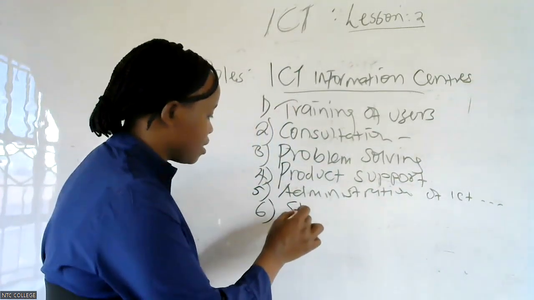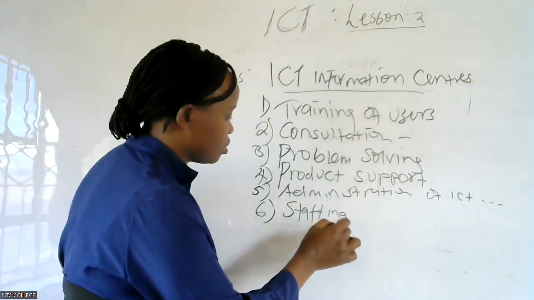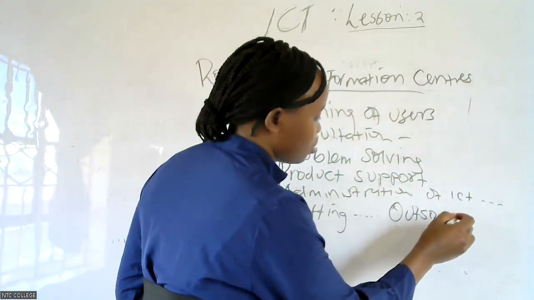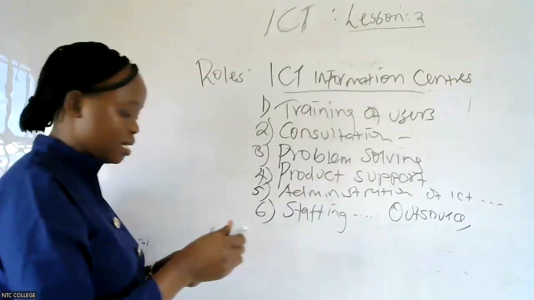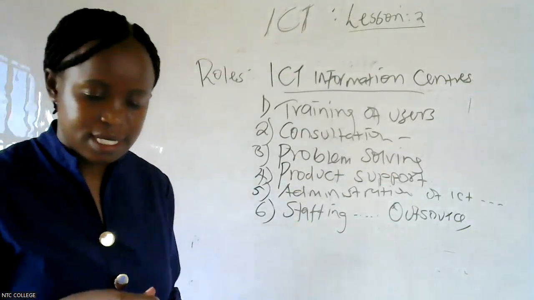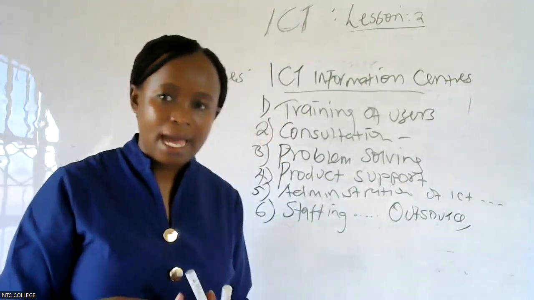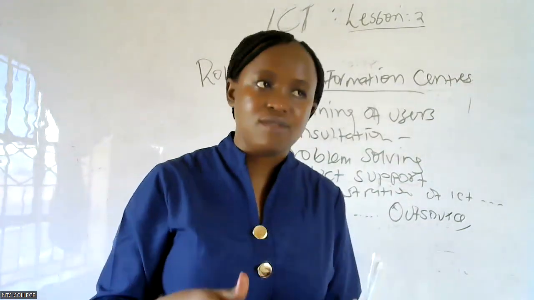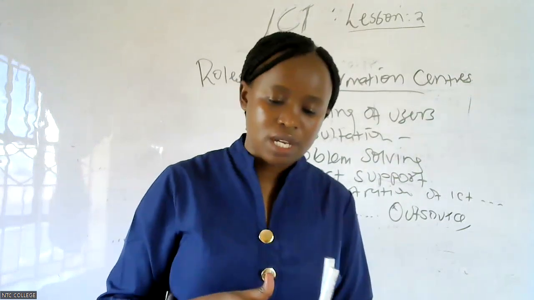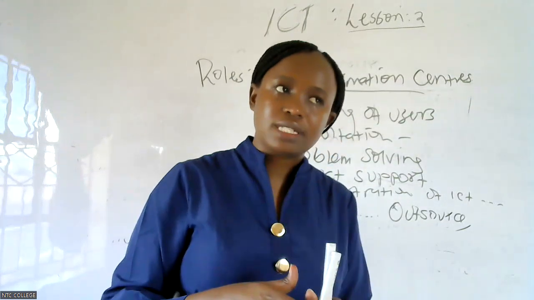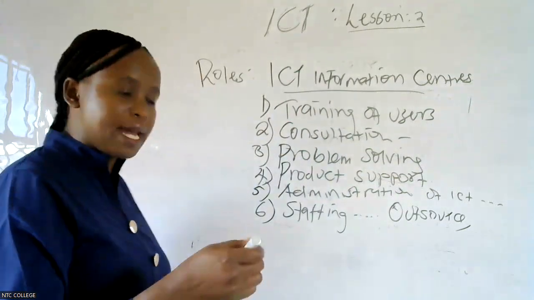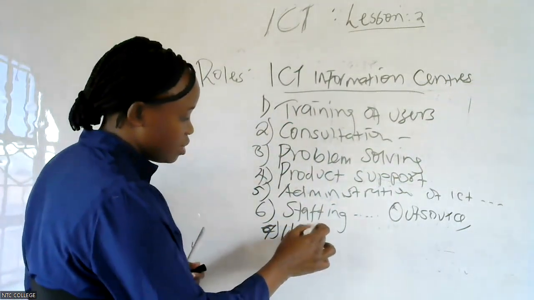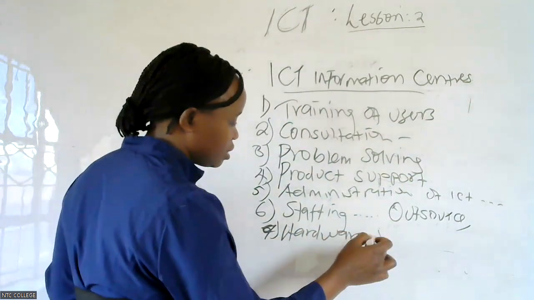They assist the growing organization with staffing. So you can outsource ICT support from those information centers until you are able to hire your own internal ICT personnel. They give you the customer support in form of outsourced personnel. Under cloud computing, they are very supportive. They give users hardware support.